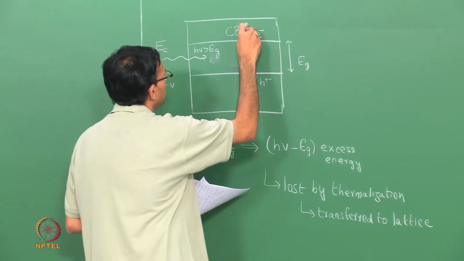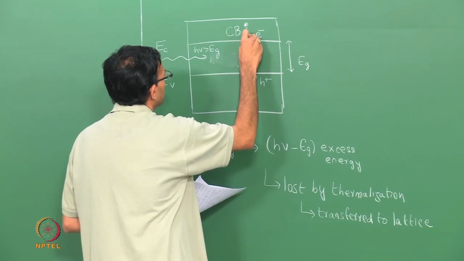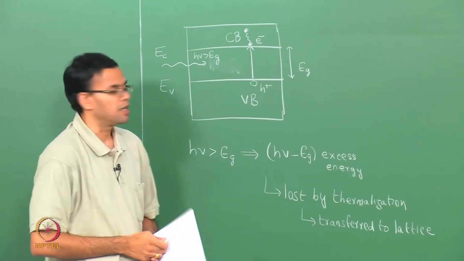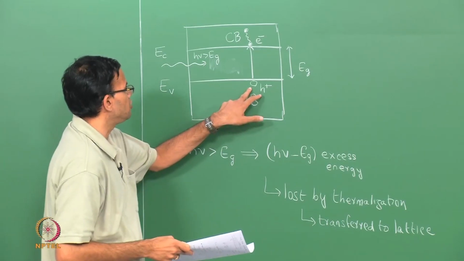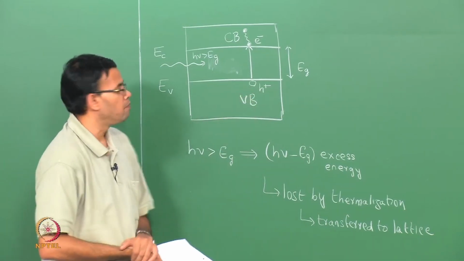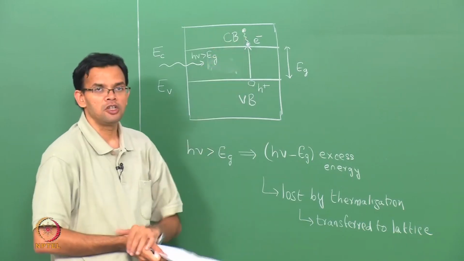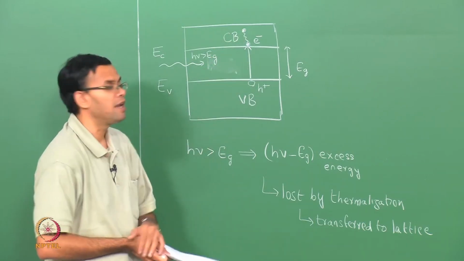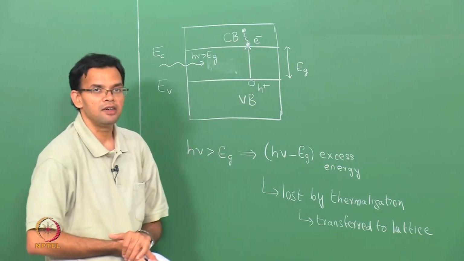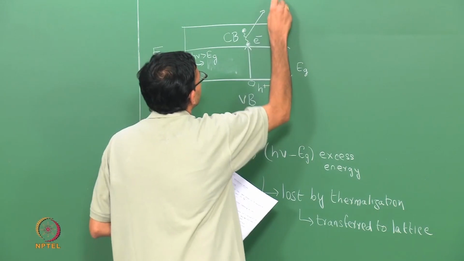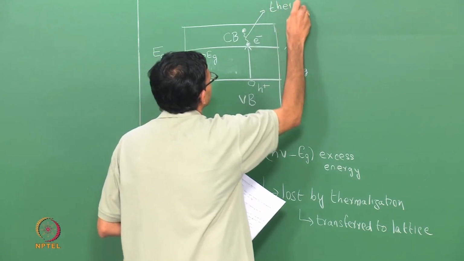But this electron will lose energy and then ultimately come to the bottom of the conduction band. So you start with the hole at the top of the valence band. Because h mu is greater than Eg, your electron goes not to the edge of the conduction band, but to some energy higher, and the excess energy is lost by thermalization.